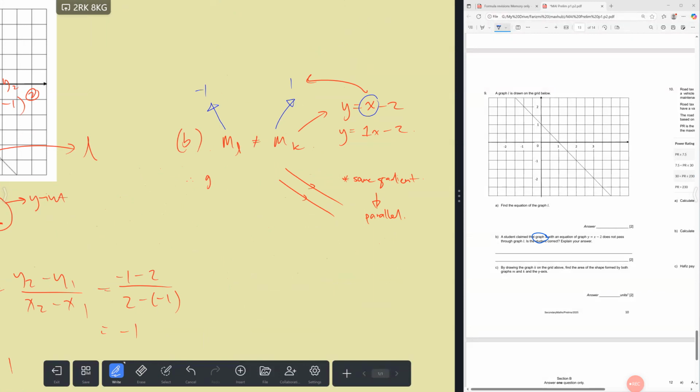Therefore, using their words, graph K and graph L are not parallel.